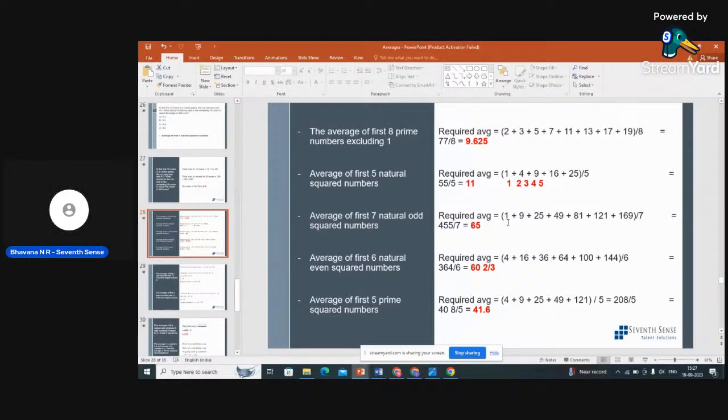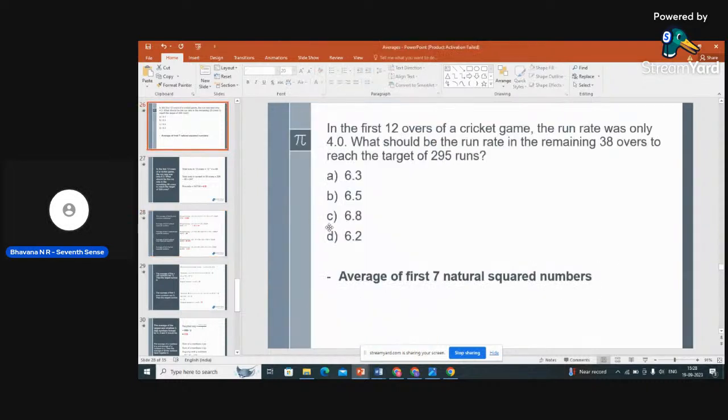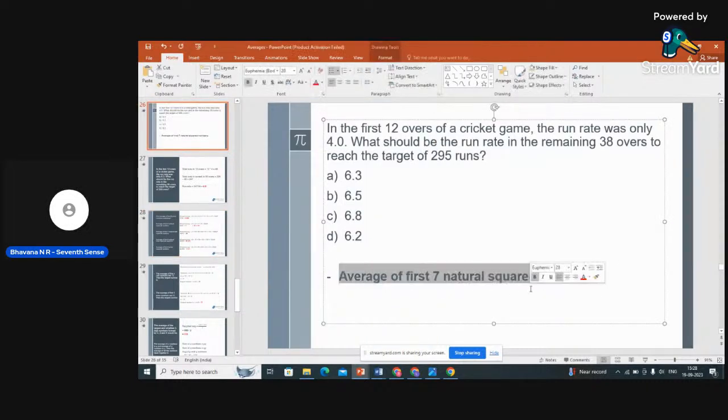How many numbers did they ask? The first seven: 1, 2, 3, 4, 5, 6, and 7. So the whole divided by 7, and we are getting 65. Okay. So do the same, but one second, I will just write it here and do it for this same question.